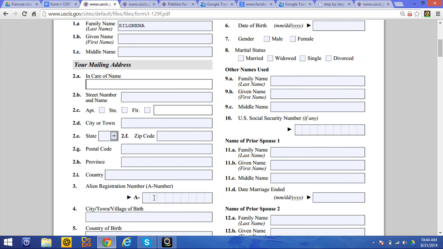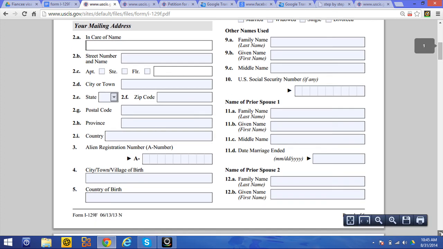If you were a permanent resident and you have been naturalized, you should have an A number, and you will see this A number on your citizenship certificate. But if you were born in the USA, you don't have any A number.